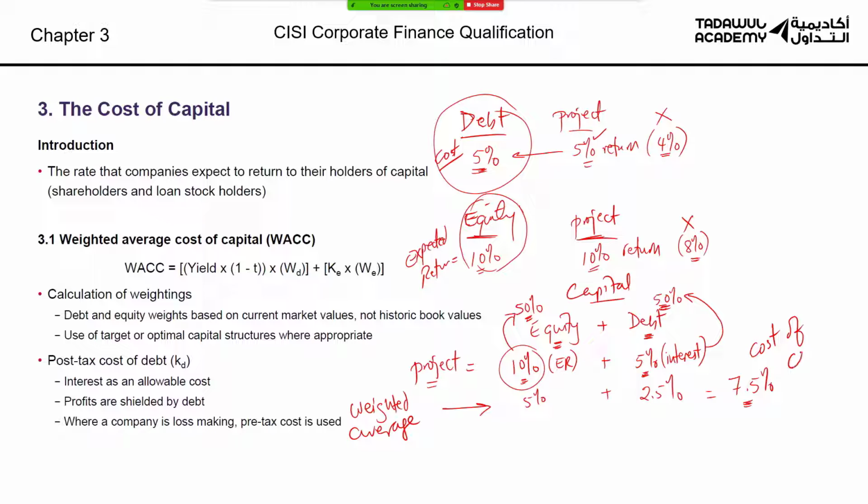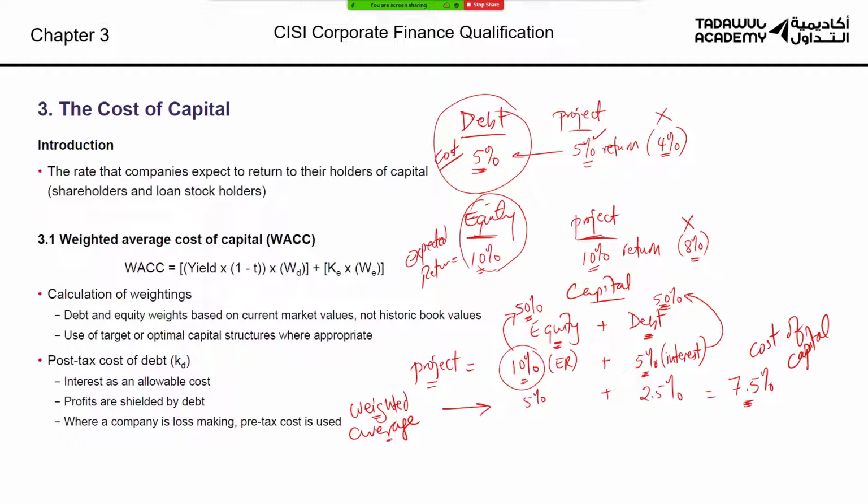That means this project, whatever company or project that you're going to be investing in, needs to cover this cost of capital of 7.5%, which we arrived at by taking the weighting of our equity and debt.